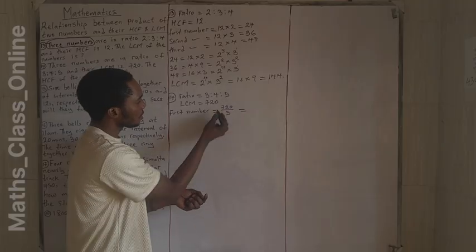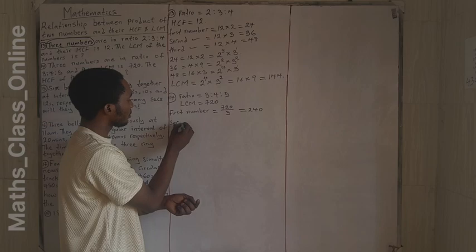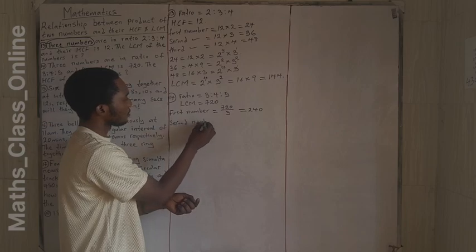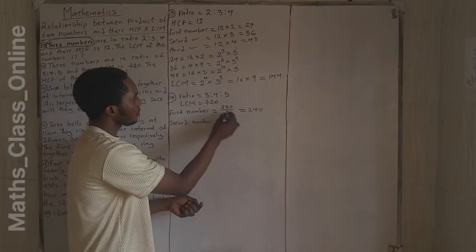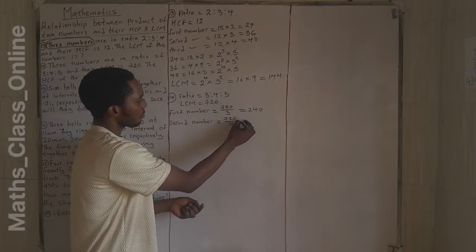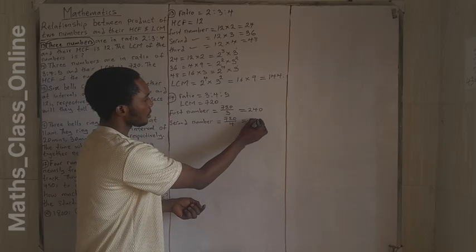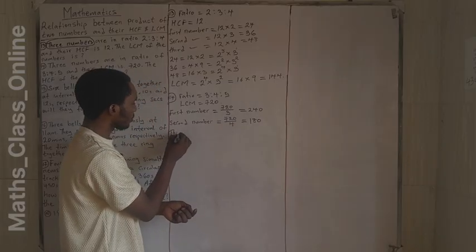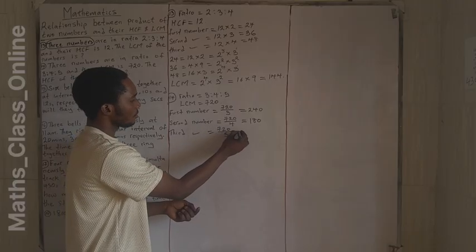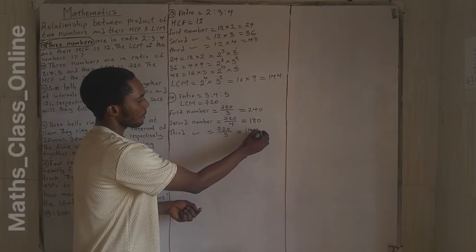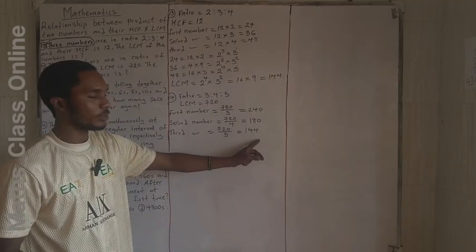And this is 240. The second number is 720 divided by 4, that is 180. And the third number, 720 divided by 5, is 144. The numbers are 240, 180, 144.